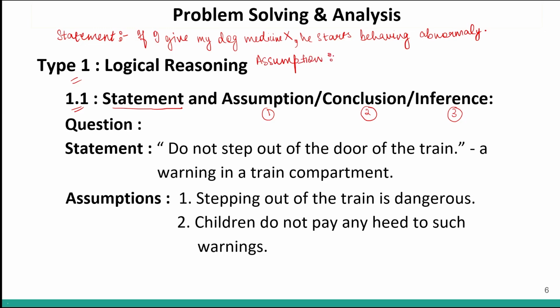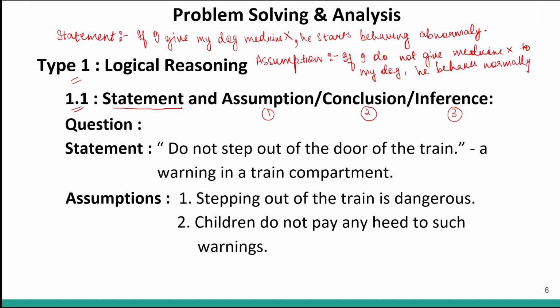My assumption is that if I do not give medicine X to my dog, he behaves normally.